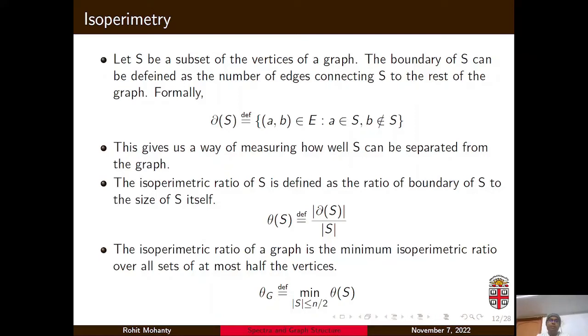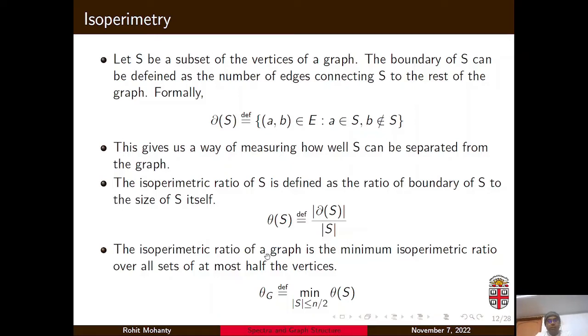Formally, boundary is defined as del S equal to the set of edges AB such that A belongs to S and B does not belong to S. This gives us a way of measuring how well S can be separated from the graph. Also, the isoperimetric ratio can now be defined as the ratio of the boundary of S to the size of S itself. That is, theta S is defined as the size of del S upon the size of S.